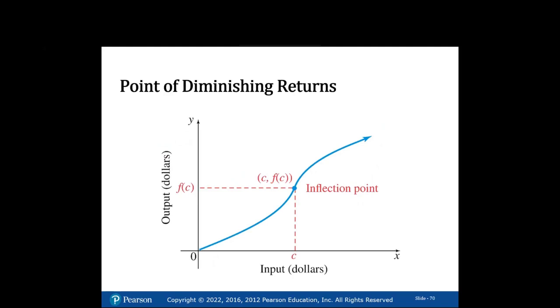Now, this is also really helpful for looking at the point of diminishing returns. Because an inflection point is that spot where we're switching from increasing to decreasing, right? My slope has been increasing its rate, and now it's decreasing its rate. So that inflection point tells you the moment where your input and output switches and starts to give less return.